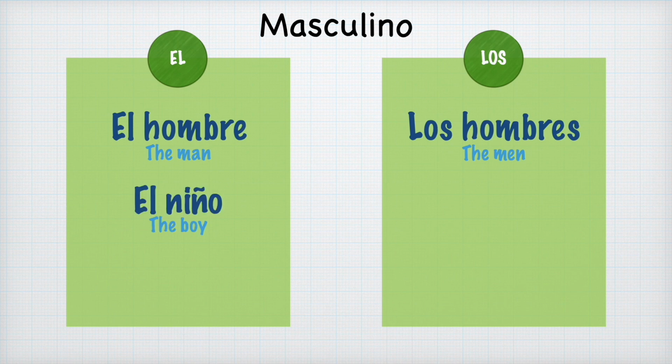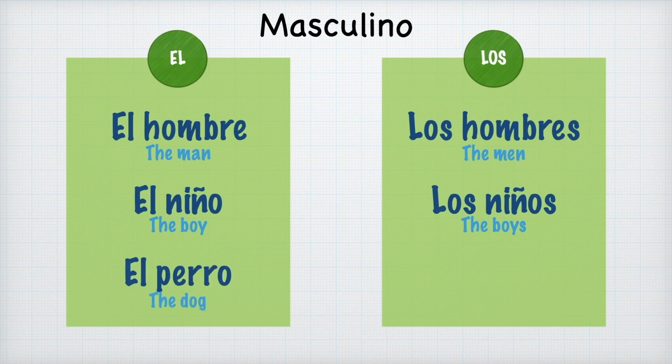El niño. Los niños. The boy and the boys. El perro. Los perros. The dog and the dogs.